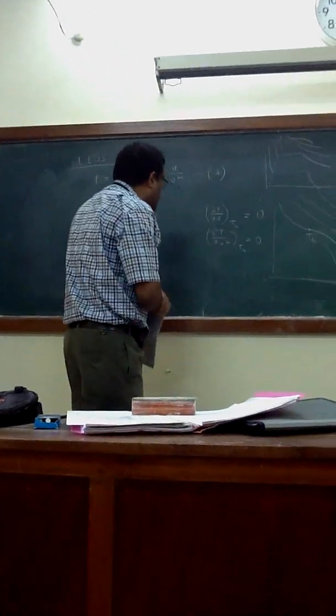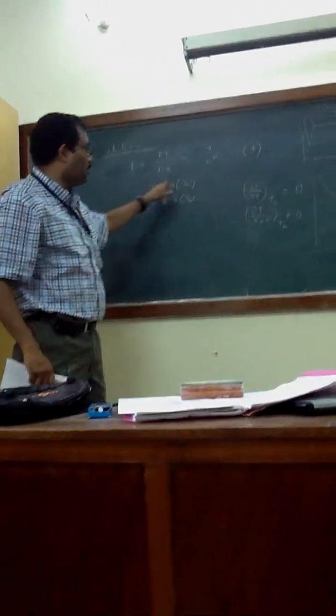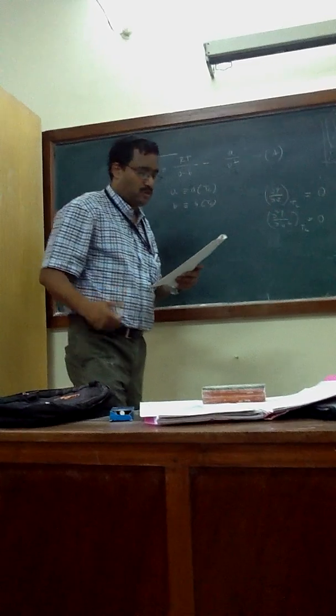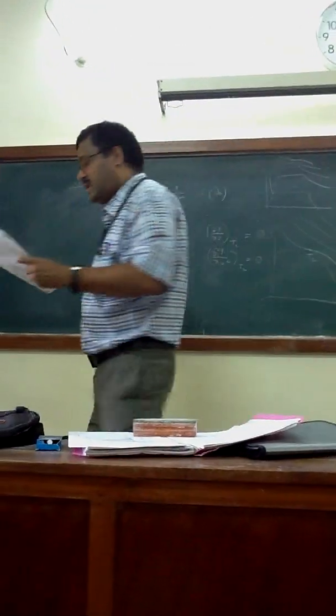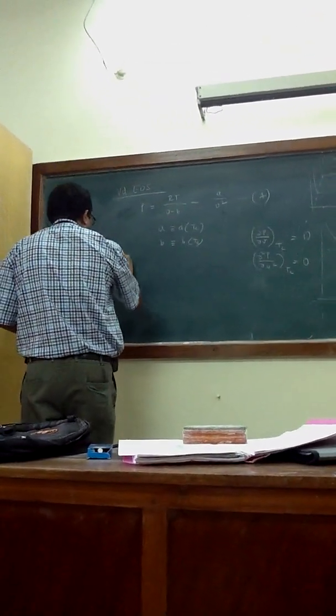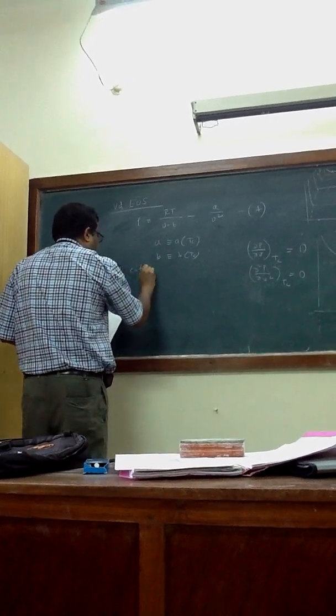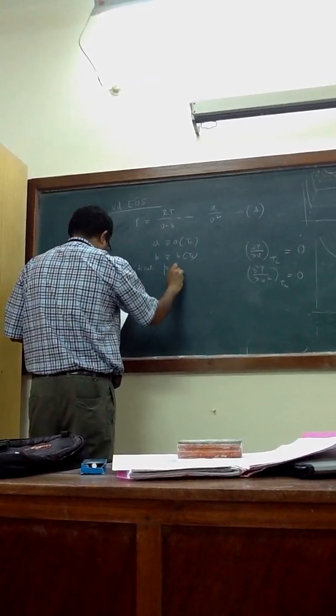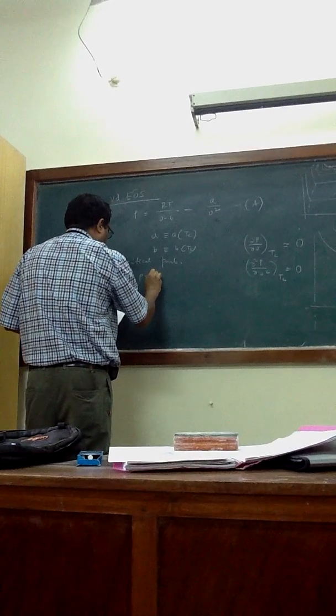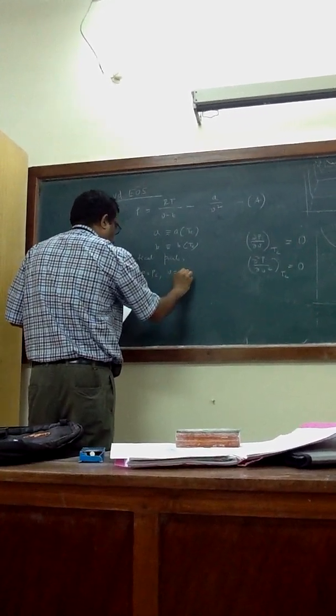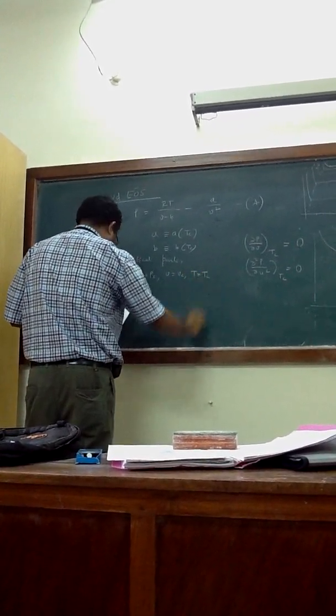Now, you have to apply this to calculate A and B. So at the critical point, P equals PC, V equals VC, T equals TC.